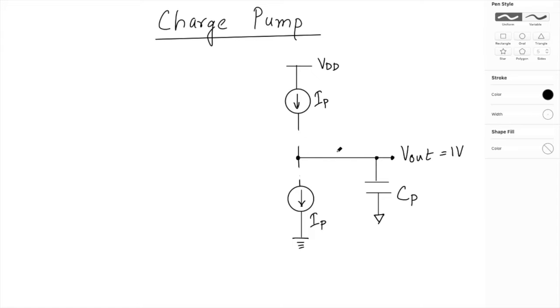So even if there is no activity going on, this voltage can still be stored here and supplied to the VCO. That is the beauty of the charge pump based PLL. We'll see this more elaborately, and I'll come to this point eventually.